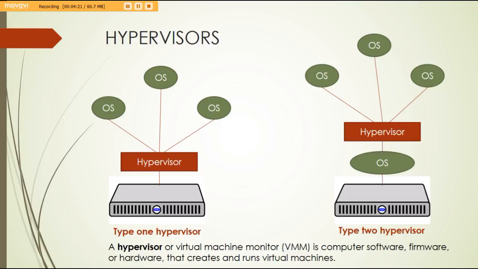The type 1 hypervisor is a bare metal hypervisor. That means it is directly installed on the hardware. There is no layer of operating system beneath it.